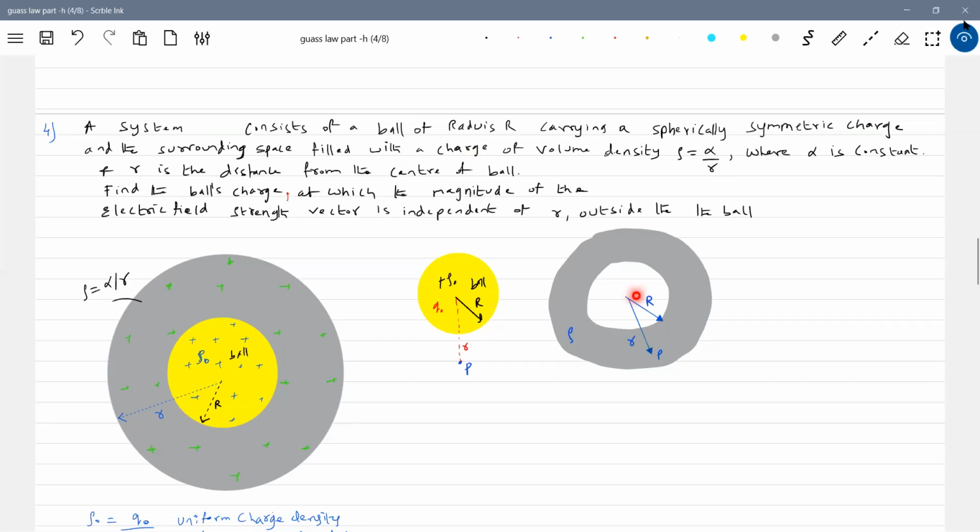So only for small r greater than capital R, the charge density will vary like this. Okay, the field strength at point P. So due to this, E1 here, E2. Same vector diagram, same diagram should be there, no? I'll draw it properly.